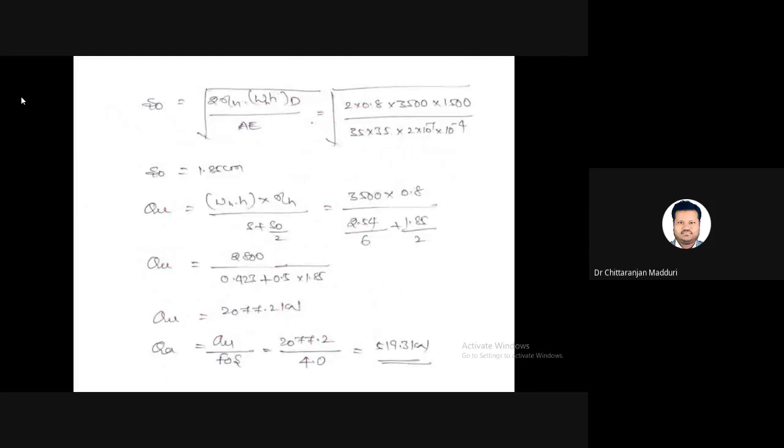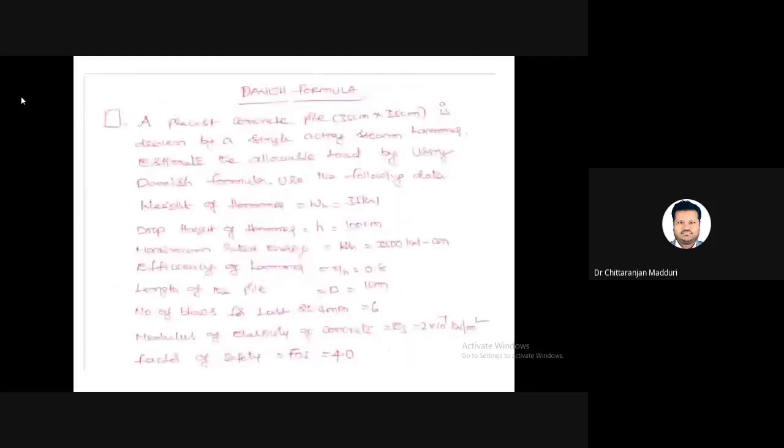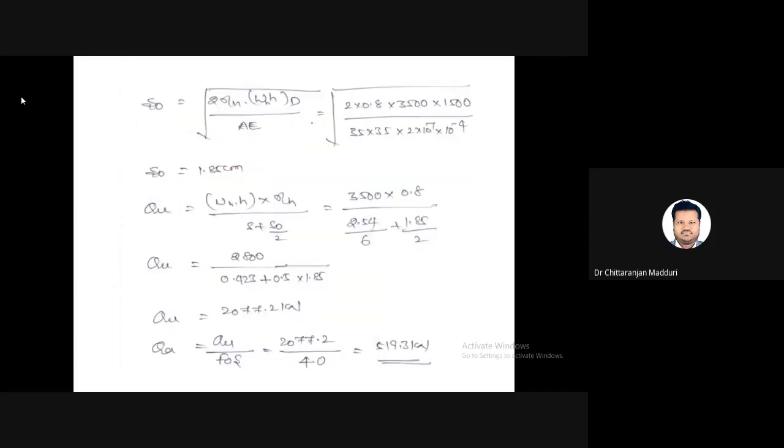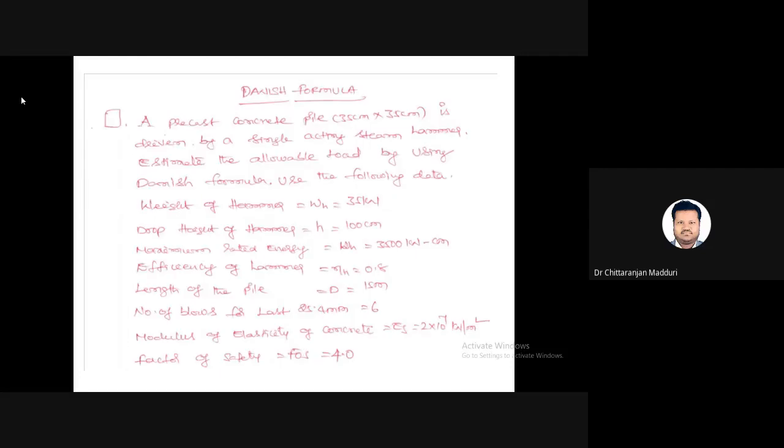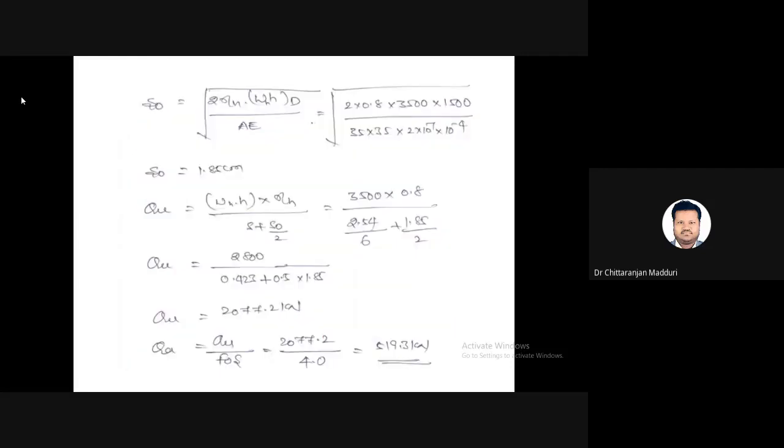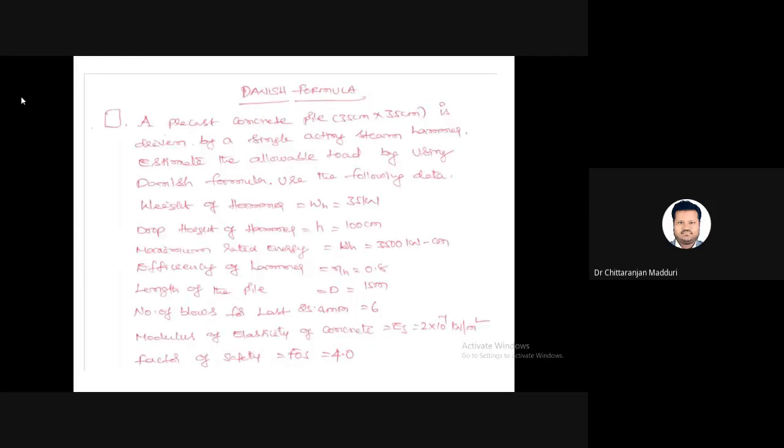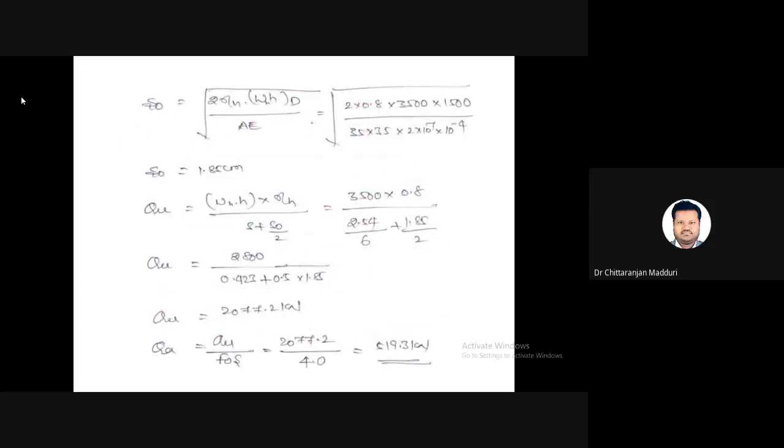So 3500 into length of the pile 1500 centimeters, divided by cross section area. Cross section area is given as 35 by 35 centimeters. Next, modulus of elasticity equals 2 into 10 power 7 kilonewton per meter square. It should be converted into centimeters, so 2 into 10 power 7 into 10 power minus 4. So S naught equals 1.85 centimeters.